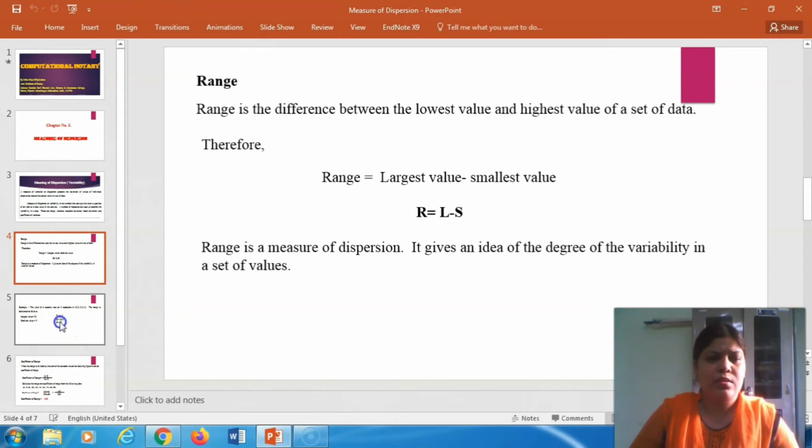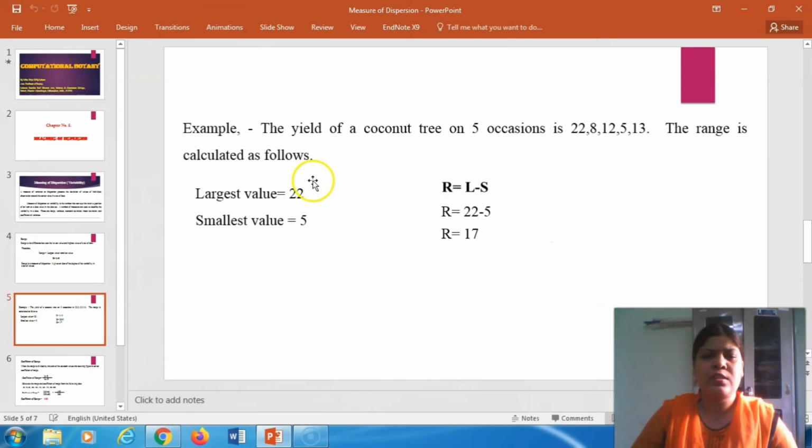Here is one of the examples. The yield of a coconut tree on 5 occasions is 22, 8, 12, 5 and 13. The range is calculated as follows.